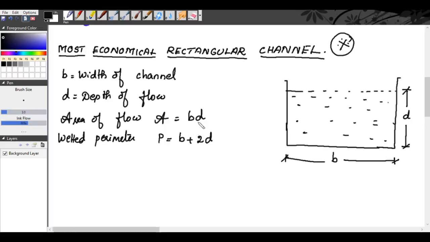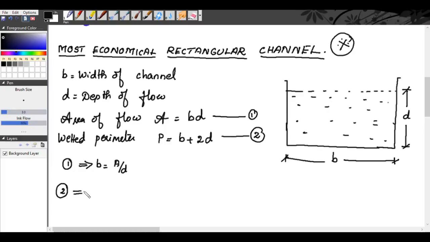Now, we will take this area as equation number 1 and perimeter as equation number 2. So, from equation 1, we get B is equal to area by D. So, we will substitute this, that is B equal to A by D, in equation number 2.